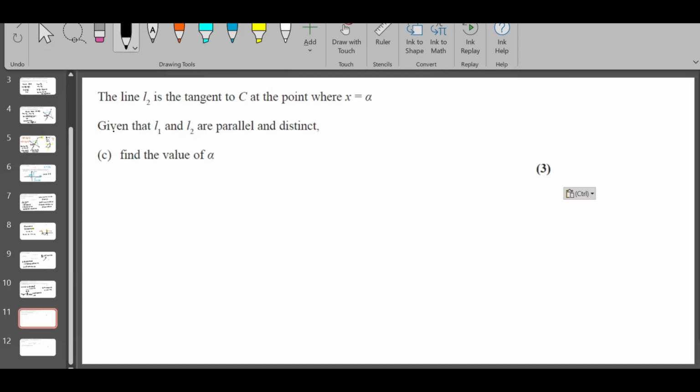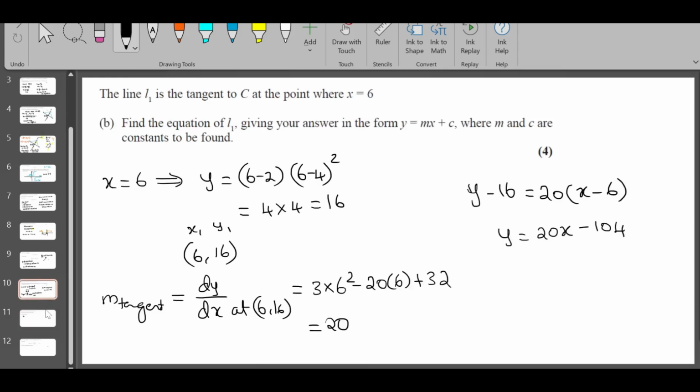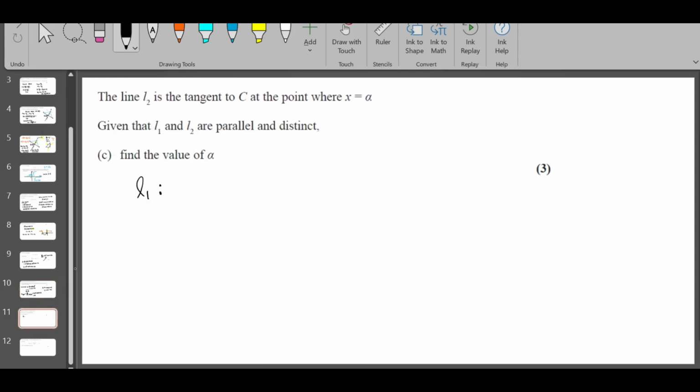Now part C. L2 is also tangent to C at the point where x is equal to alpha. Okay, L1 and L2 are parallel. We know the equation of L1: y is equal to 20x minus 104.